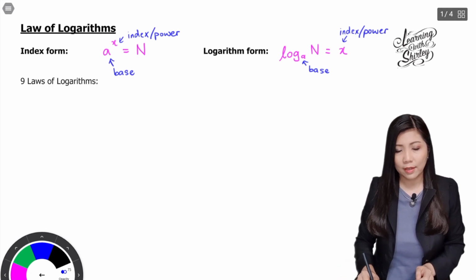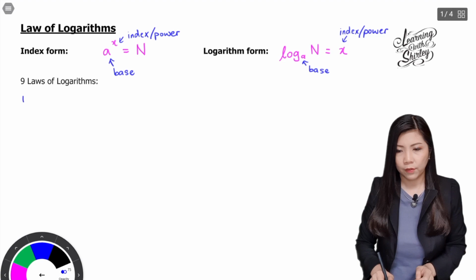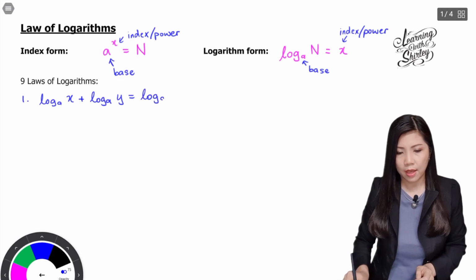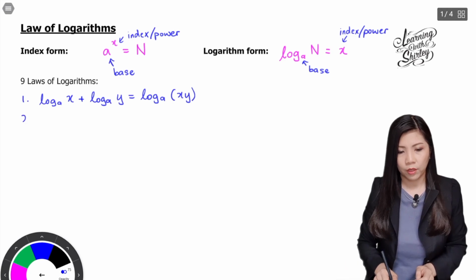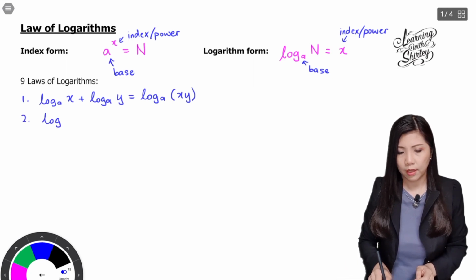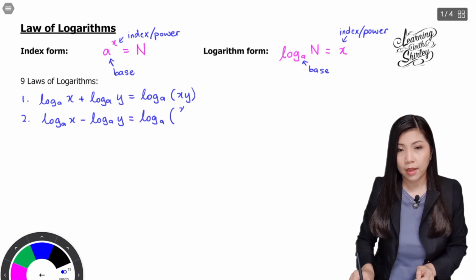Okay, let's look at the 9 laws of logarithms. The first one: log a x plus log a y equals log a xy. For number 2, log a x minus log a y equals log a of x over y.